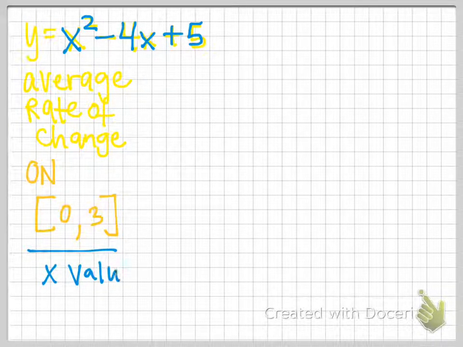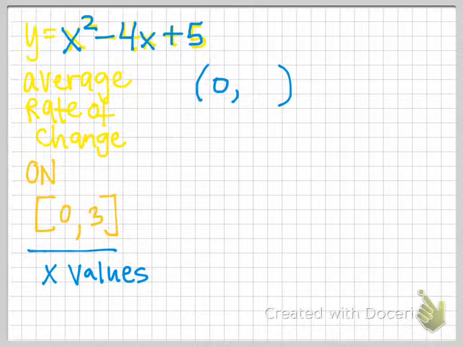They always give you x values to start. Okay, so the first step is to find the y values. So I plug 0 into the equation. 0 squared is 0, minus 4 times 0 is 0, plus 5. So when x is 0, the y value is 5.